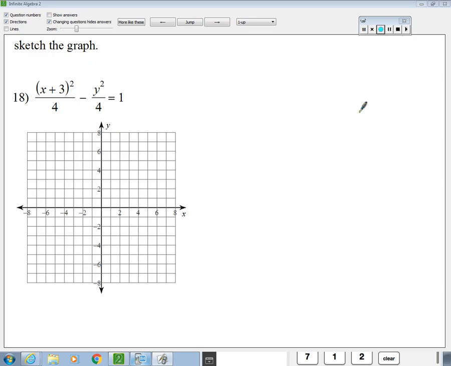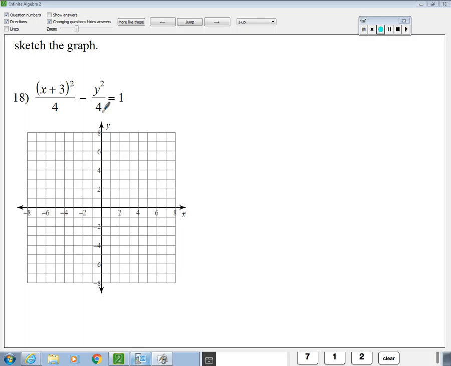When it's a horizontal hyperbola, it's going to open to the right and to the left. When it's a vertical hyperbola, it's going to open up and down. But before you can figure out where it's going to be on the graph, you have to look over here to see the shifts.